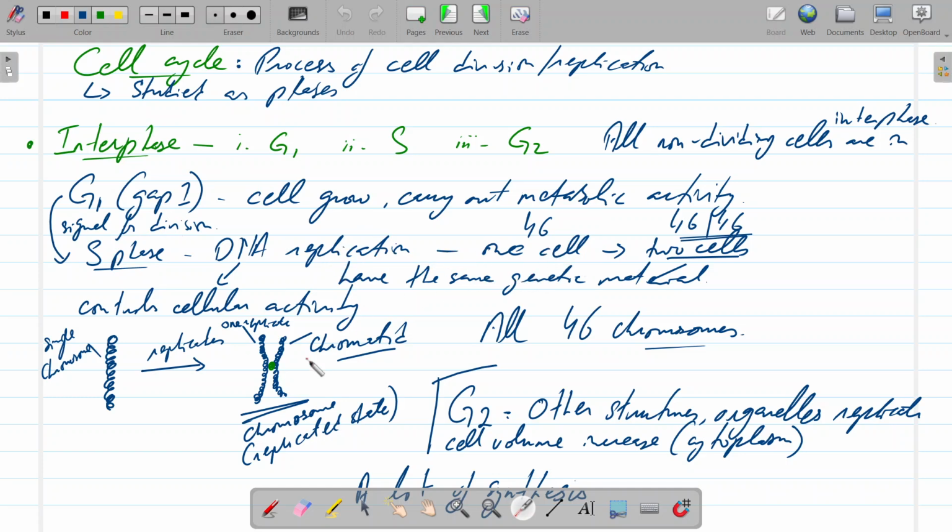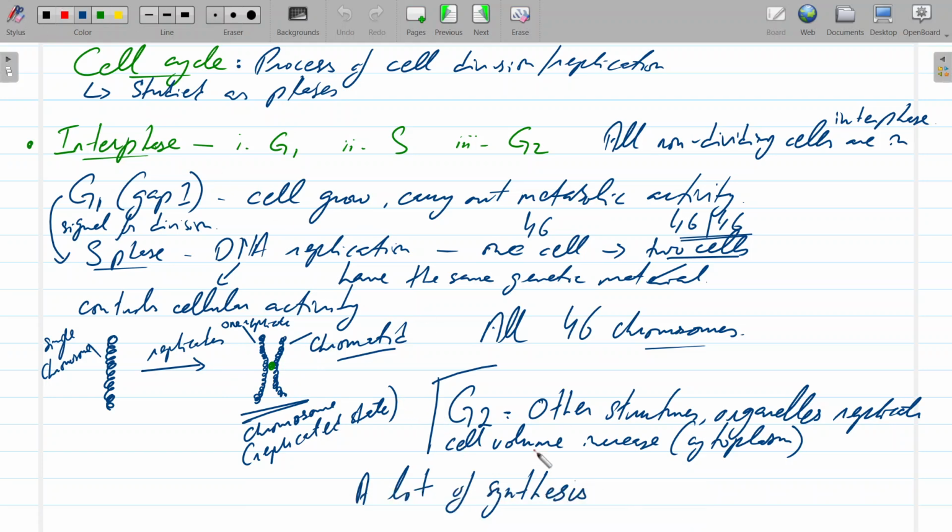Each chromosome doubles itself, so to speak, and forms two chromatids joined together. So this is a chromosome in its replicated state, and then the cell goes on to G2, where other organelles and required substances are replicated and gathered, and a lot of synthesis takes place.